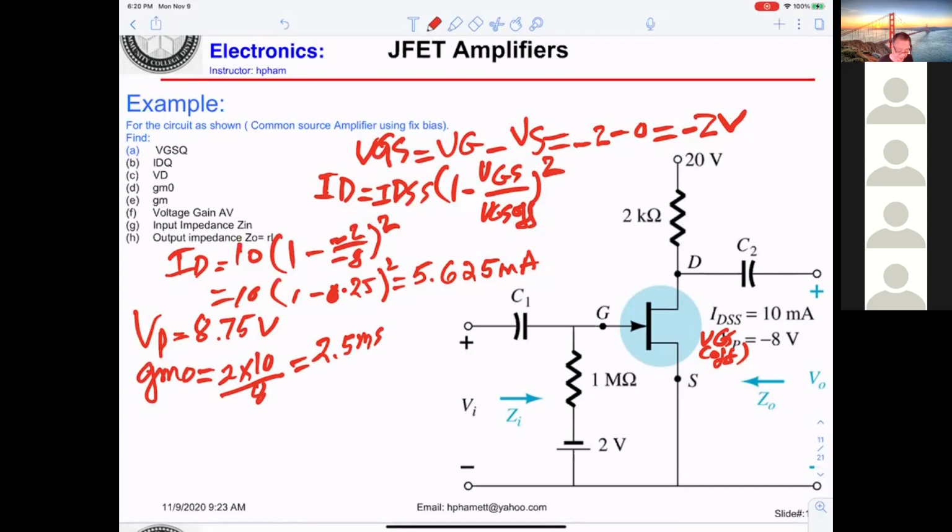And what GM do you get? Minus 3.75. How come you get a minus? No, sorry, 1.875. Sorry, I was looking at something else.